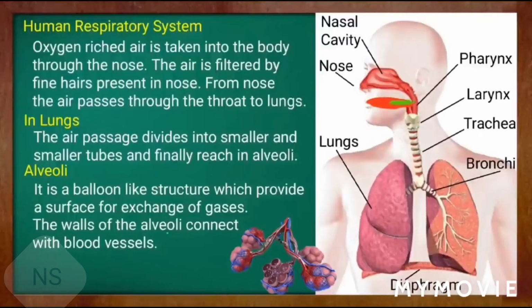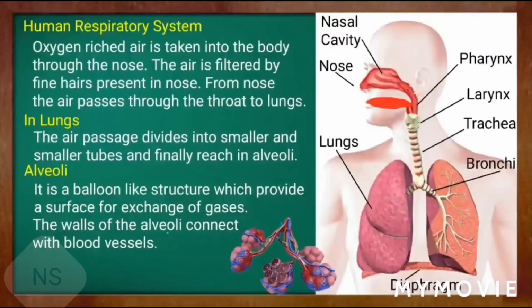Hey students, whatever air we take in will enter through the nose. You know that the nose contains a pair of openings called nostrils. From these nostrils, the air will enter into the nasal cavity. From the nasal cavity, the air further enters into the pharynx. From the pharynx, the air passes into the larynx, and from the larynx, the air enters into the trachea.